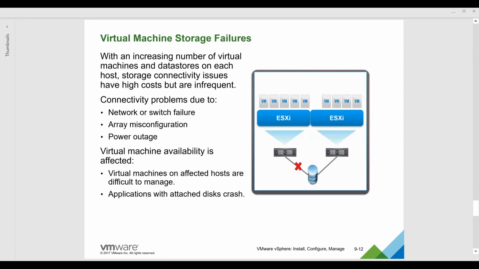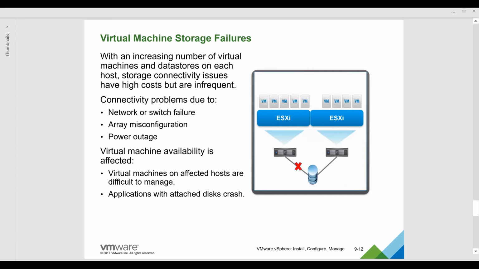Now, virtual machine storage failures. You can have connectivity problems that can be due to a switch, misconfiguration of the array, or a power outage. Virtual machine availability is affected by the host. They can be difficult to manage, and you can have applications with attached disks that crash.